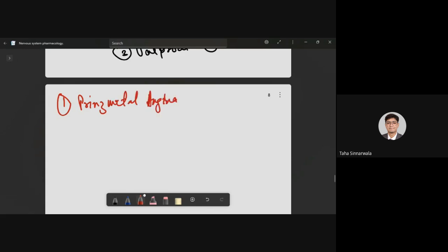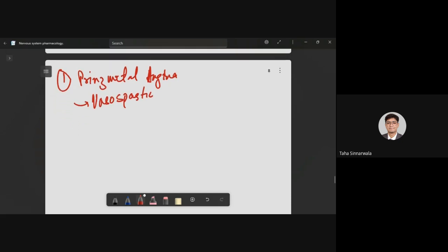You do not want to give them for Prinzmetal angina. And do you guys remember what Prinzmetal angina is? Vasospastic angina. Yes. And what ECG changes will you find in these patients? ST segment elevation. Yes.